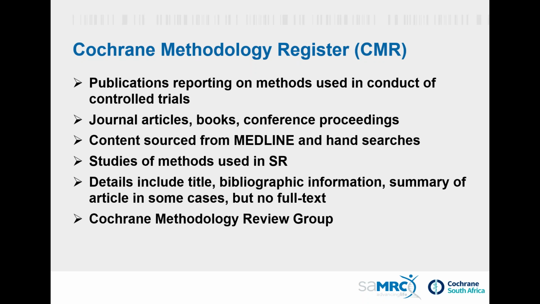Details included here are the title, bibliographic information, summary of articles in some cases, but again, not the full text. And this is overseen by the Cochrane Methodology Review Group. Currently, this database is under review, and the last update of this register was done in July of 2012.